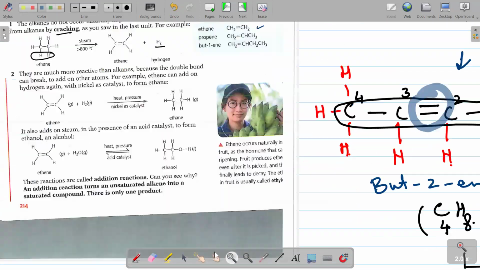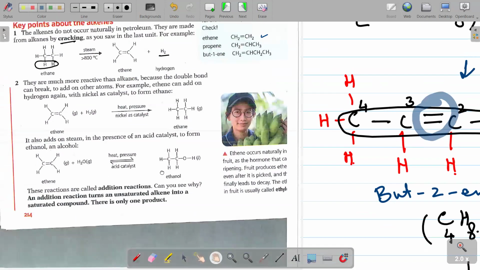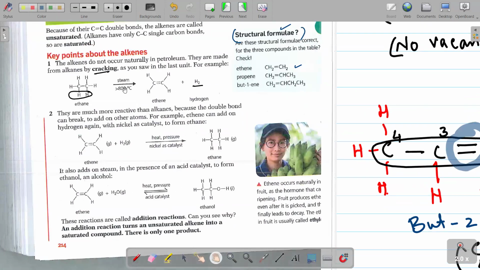Okay, now look at this. These are the reactions which will be given in your book as well. What we are looking at here is the removal of hydrogen. We discussed this as cracking of ethane, right?